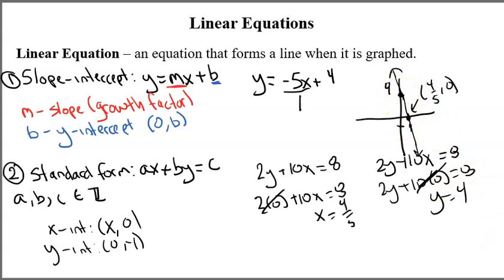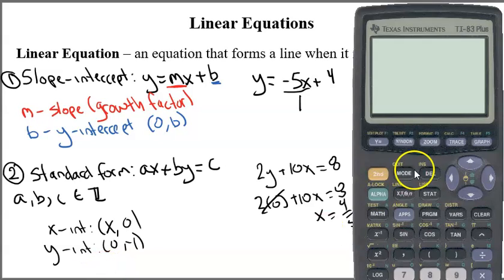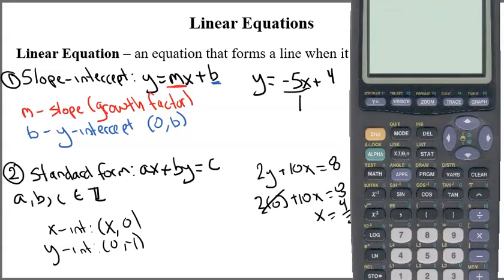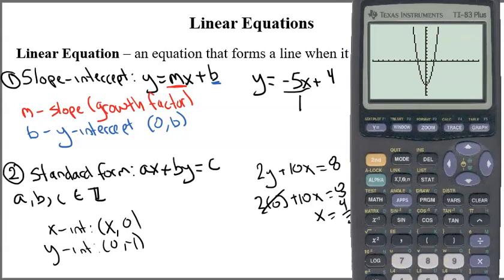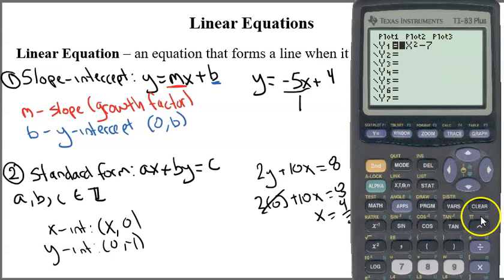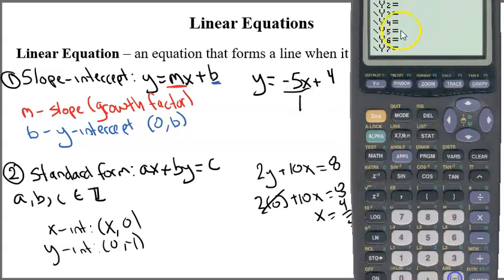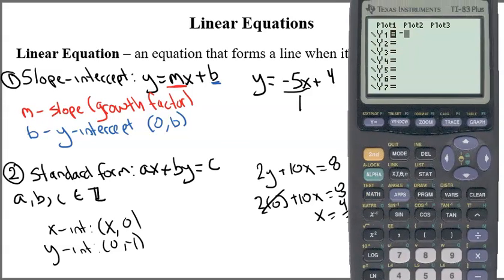And so just to verify on my calculator, I'm going to graph. So I'm going to turn my calculator on. Always an important thing to do with a calculator. I'm going to clear any equations I have in here. So I'm going to type this in. I'm going to go y equals, so the negative button is always this white button, so make sure you don't use the other button, subtract.